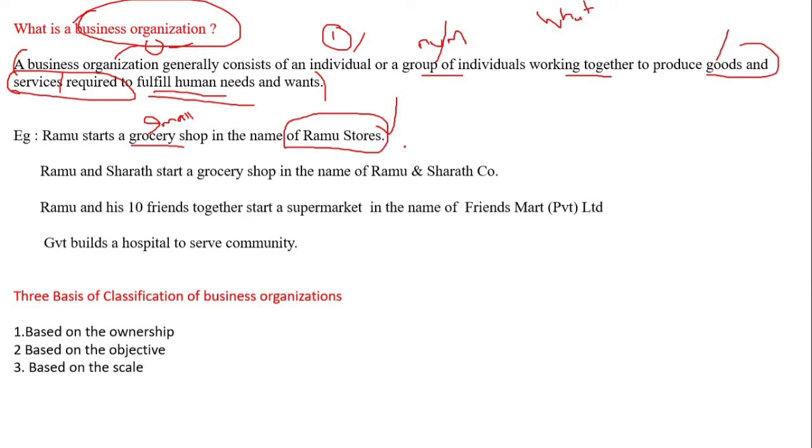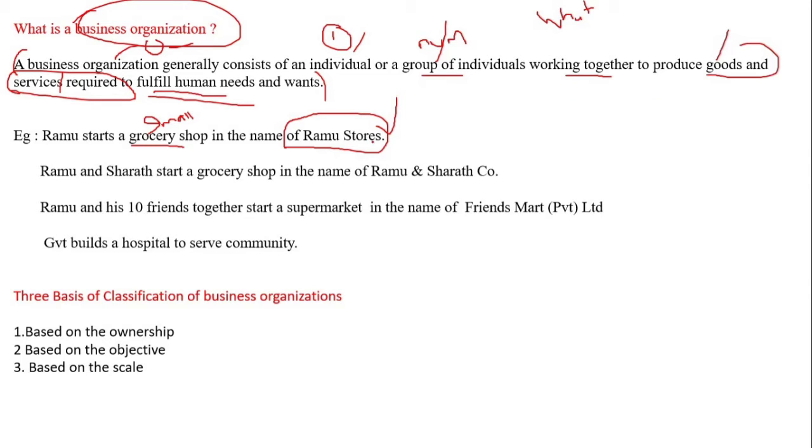When the small grocery shop produces goods and services to fulfill human needs and wants, that is known as business organization. So, Ramu Stores' purpose is fulfilling human needs and wants by the way of producing goods and services.